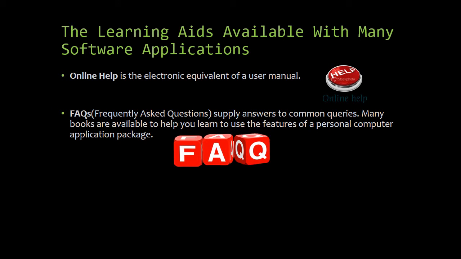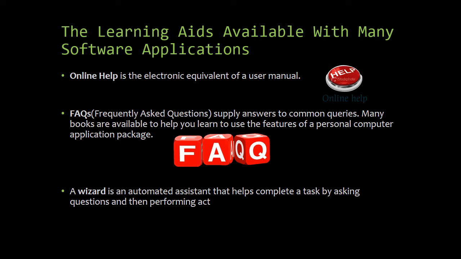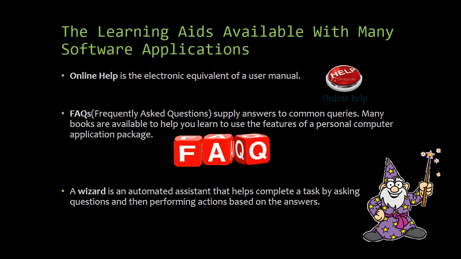Most online help also provides links to websites that have FAQs pages, or frequently asked questions, which supply answers to common queries. Many books are available to help you learn to use the features of a personal computer application package. A wizard is an automated assistant that helps complete a task by asking questions and then performing actions based on the answers.